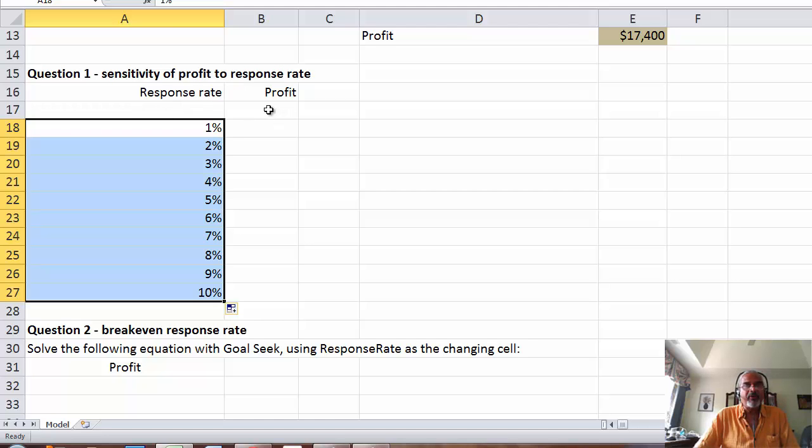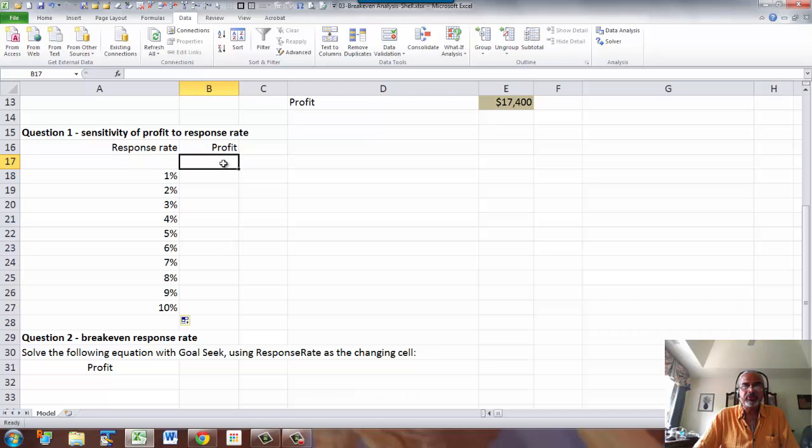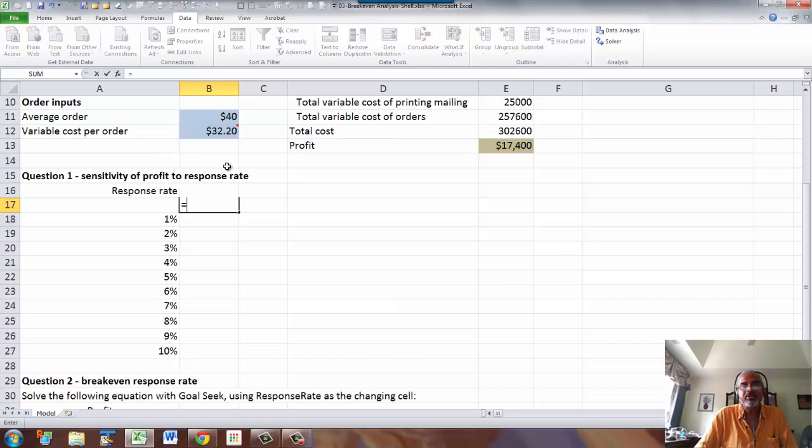Now here is where we have to set up the output from the data table. For these different response rates, what is the output that we are looking for, which is profit. So you need to enter the cell address of that output, which is E13, which we have already named as profit in the previous video.